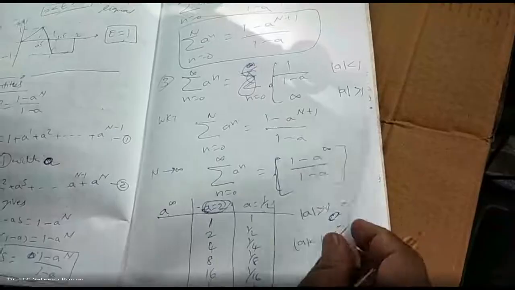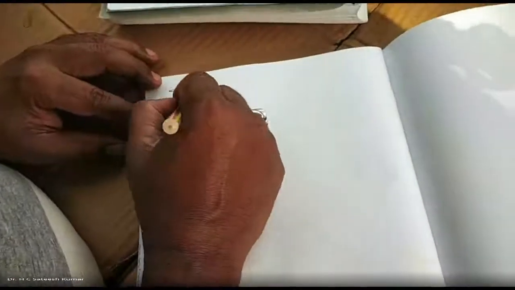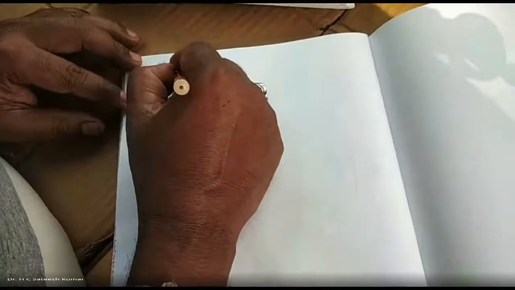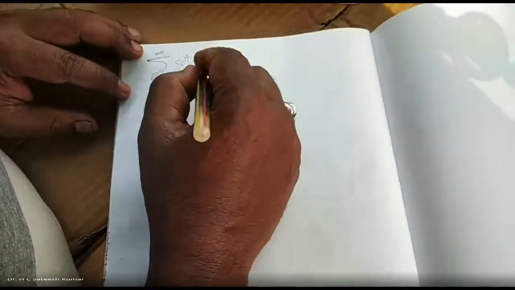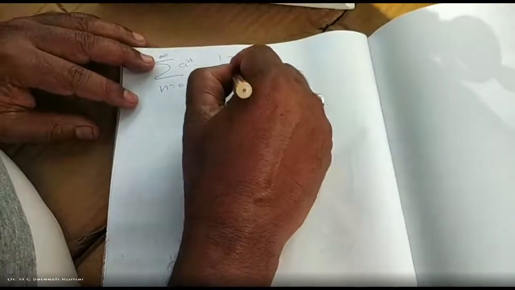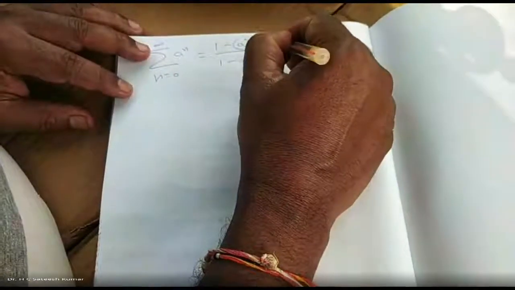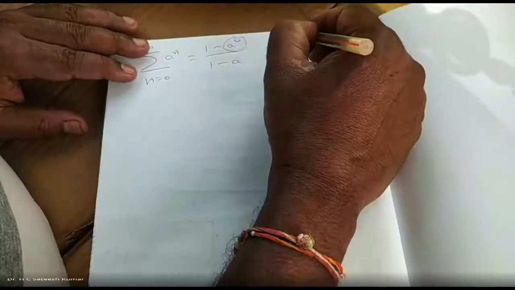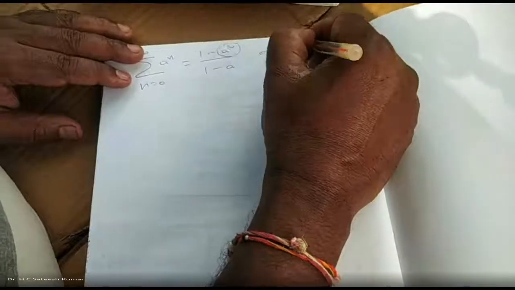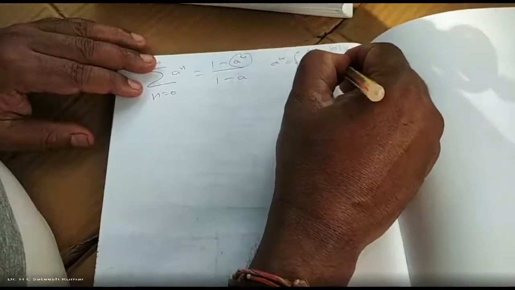So therefore, this can be written as summation n varies from 0 to infinity a power n is equal to (1 minus a power infinity) divided by 1 minus a. This value a to the power of infinity is equal to infinity for magnitude of a greater than 1 and is equal to 0 for magnitude of a less than 1.